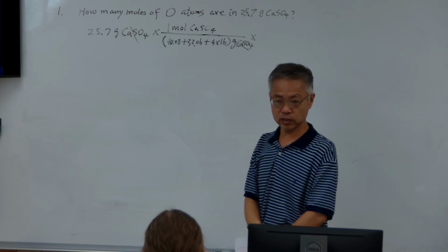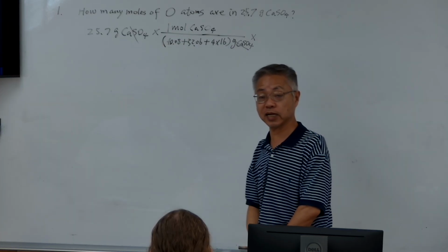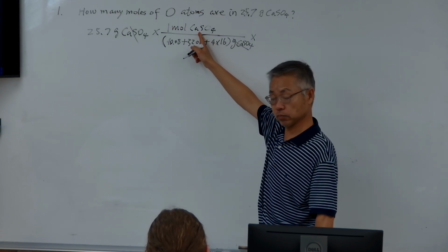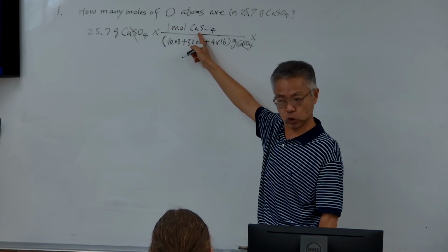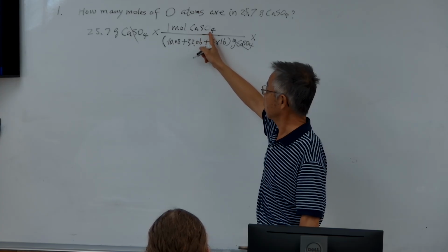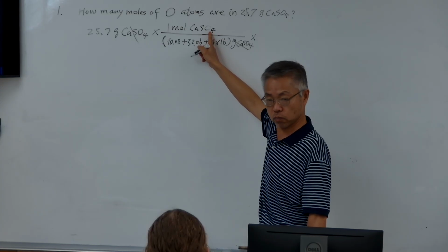This is not your final answer, because here it asks how many moles of oxygen atoms, and we only get moles of calcium sulfate. For this formula, every 1 mole of calcium sulfate has 4 moles of oxygen atoms, right?